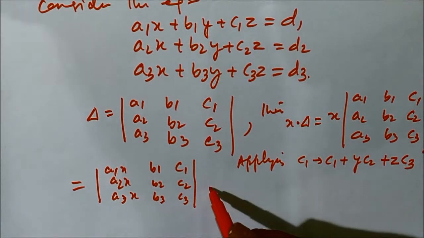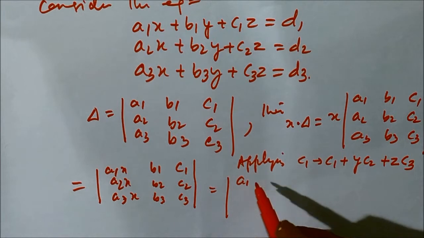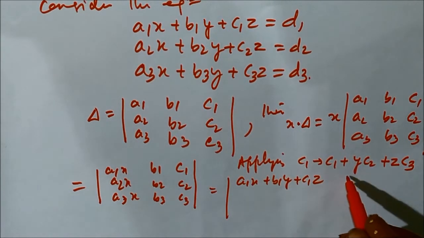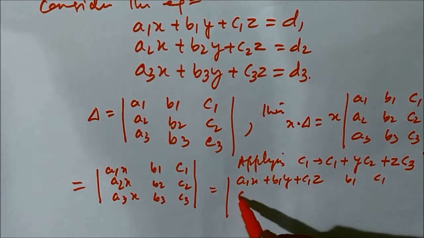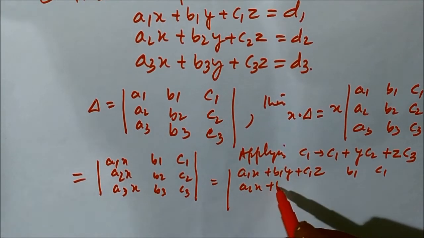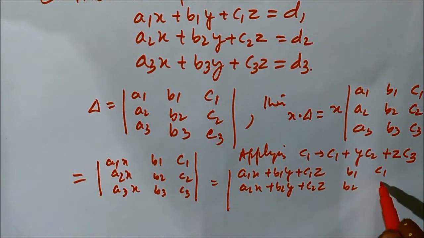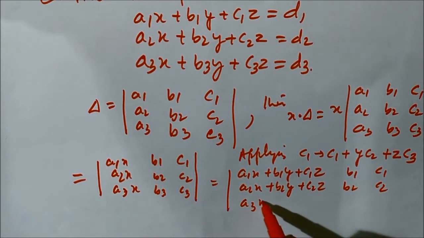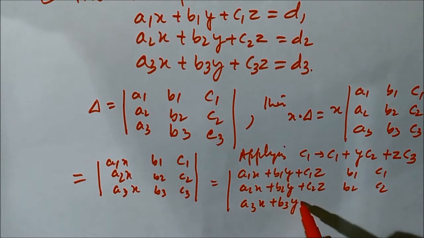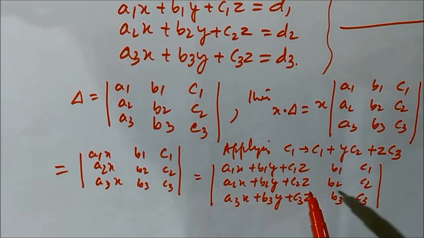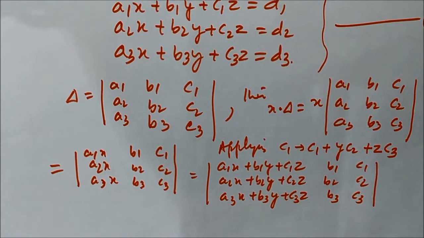We get a1x + b1y + c1z, b1, c1; a2x + b2y + c2z, b2, c2; a3x + b3y + c3z, b3, c3. This quantity is d1, this is d2, and this is d3.